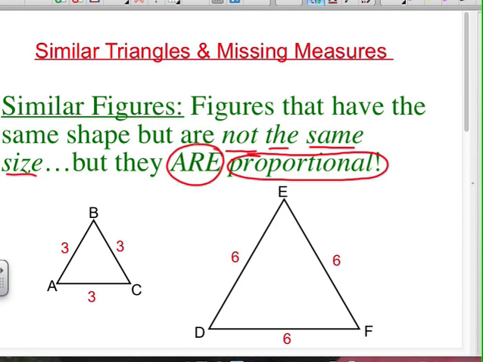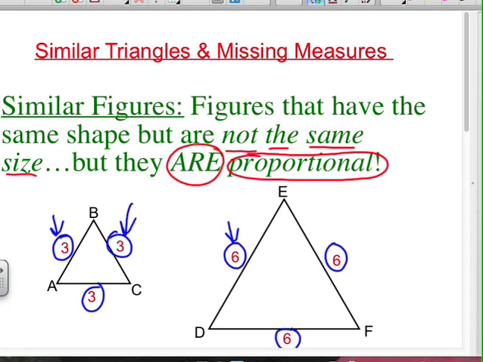And if I'm looking at the measurements of the sides, which is really important when you're looking at similar figures, I notice that the sides of this triangle, the little guy here, ABC, are all 3. And then I look over at the big guy, triangle DEF, his measurements are all 6s. So if I compare going from a measurement of 3 to a measurement of 6, that's twice as big.